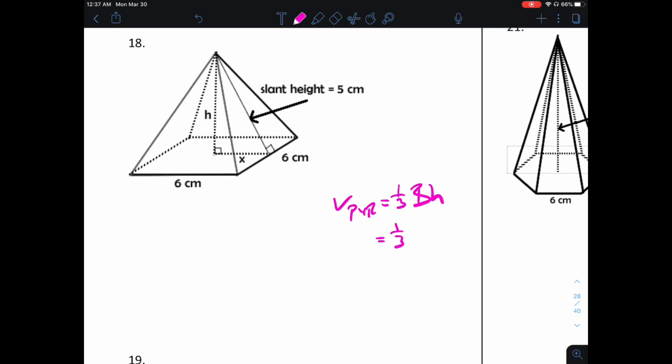Now the base, which is a rectangle, 6 by 6. Once again, we're assuming that it's a rectangle. The height, we don't know what the height is. So can we figure it out? Well, if you look, if this whole thing down here is 6, and this height is perpendicular to this, it's going to cut this in half, which is going to make x 3.